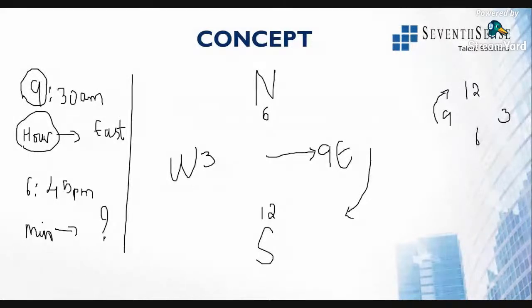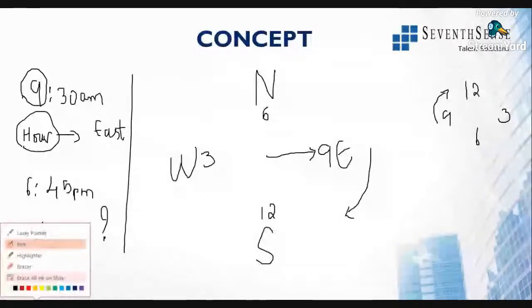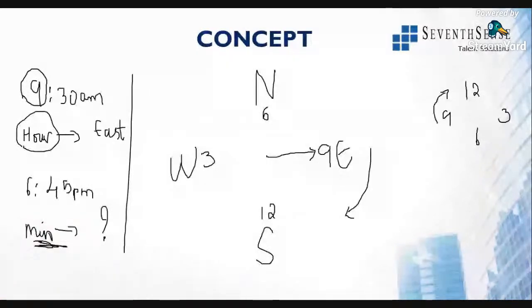Now what are they asking? At 6:45 p.m., minute hand points out in which direction? So at 6:45, I'll take a red color. This is how the time shows. 6:45, it will show like this. So what is the minute hand showing?